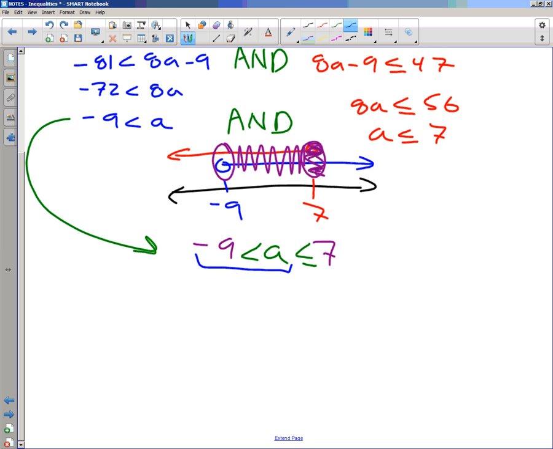Would you agree, since the alligator's eating the A, A must be bigger than negative 9. And then also, A is less than or equal to 7, because the alligator's eating the 7 there. So this is a form of notation that's showing you that A has to be between those two numbers. It's bigger than the one, it's smaller than the other, so therefore it falls in between.